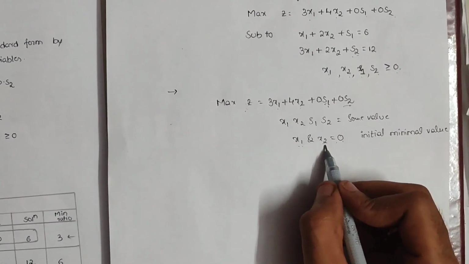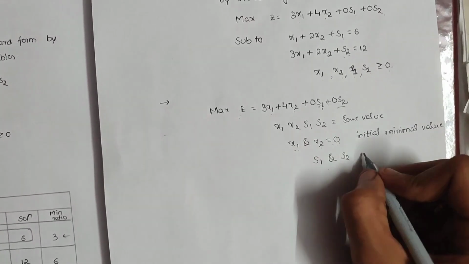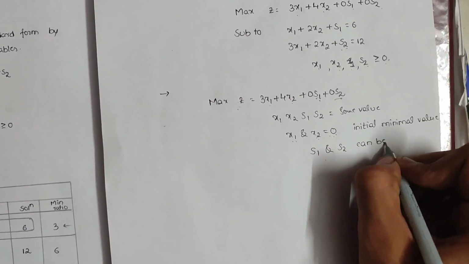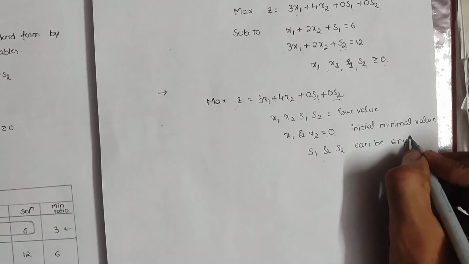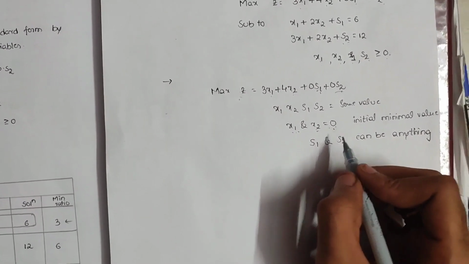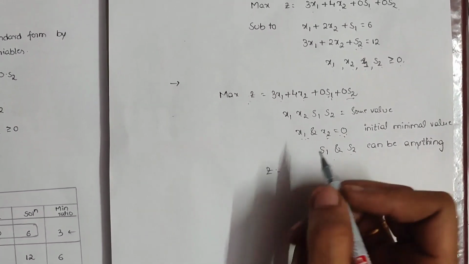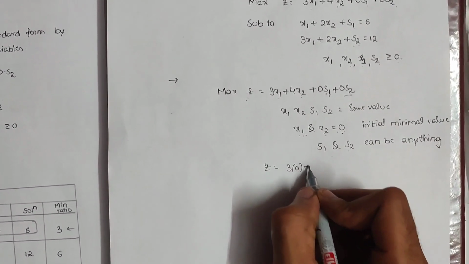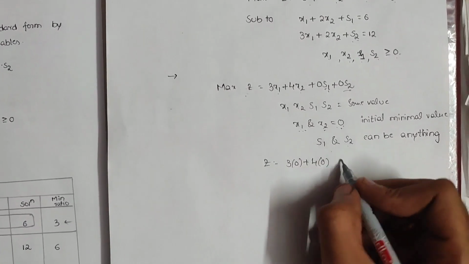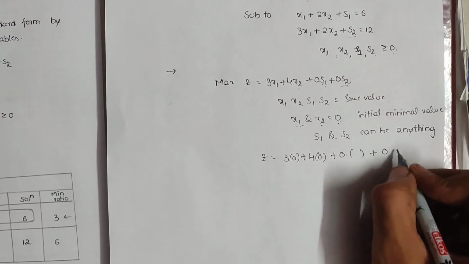So when x1 and x2 equal 0 and s1 and s2 can be anything, the value of z will be 3 into 0 plus 4 into 0 plus 0 into something plus 0 into something.